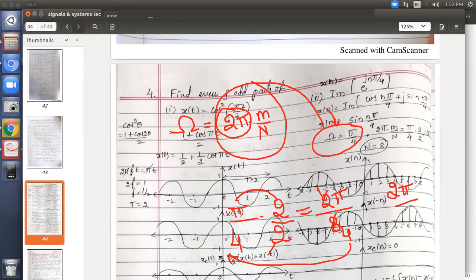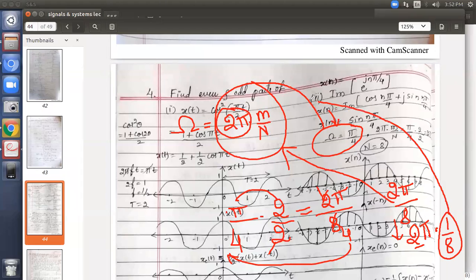2 pi by 8. Does it look like 2 pi into m by n? Yes, I can represent it like this. 2 pi by 8 is nothing but 2 pi into 1 by 8. Now compare 1 by 8 with m by n: m is equal to 1, n is equal to 8. So the fundamental period capital N for this discrete signal is N equal to 8.